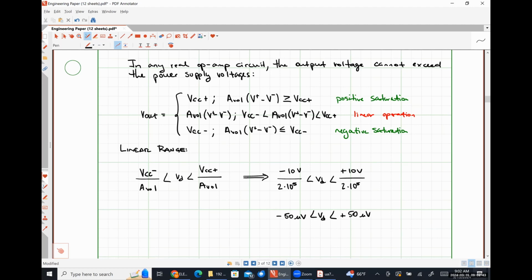So that means that in an open loop configuration, the operational amplifier, as we understand it, actually does a pretty terrible job as an amplifier because it can only amplify signals, and what I mean specifically by amplification here is the output signal is a scaled version of the input signal, whenever the input signal is between plus and minus 50 microvolts. Okay. Now, there are some very specific applications where this incredibly small linear range is useful.